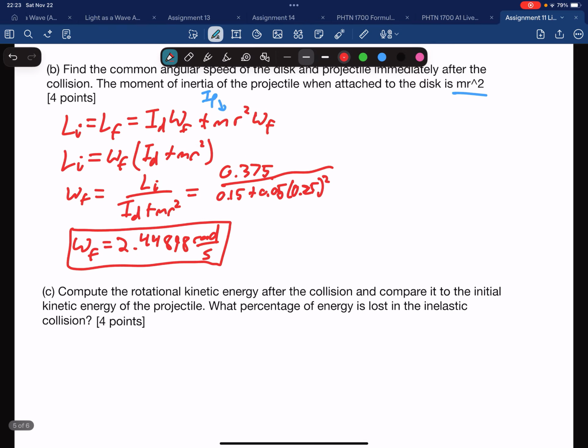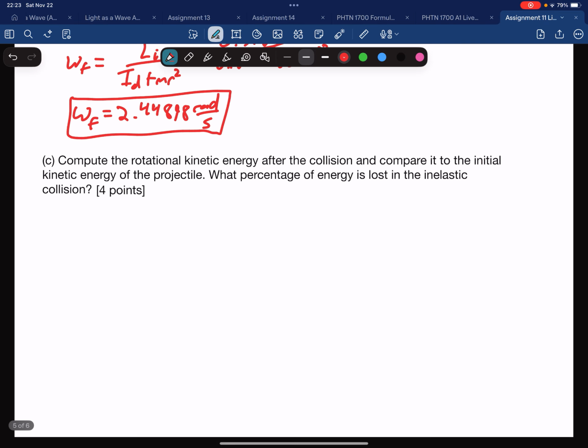Lastly here, part C, compute the rotational kinetic energy after the collision and compare it to the initial kinetic energy of the projectile. What percentage of energy is lost in the inelastic collision? So first, I'm going to find the rotational kinetic energy after the collision here.